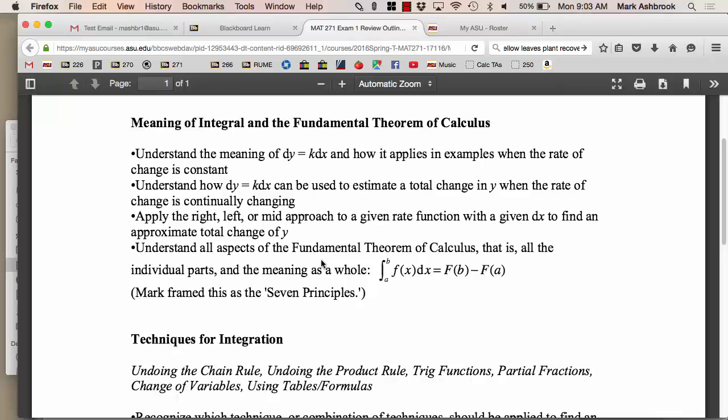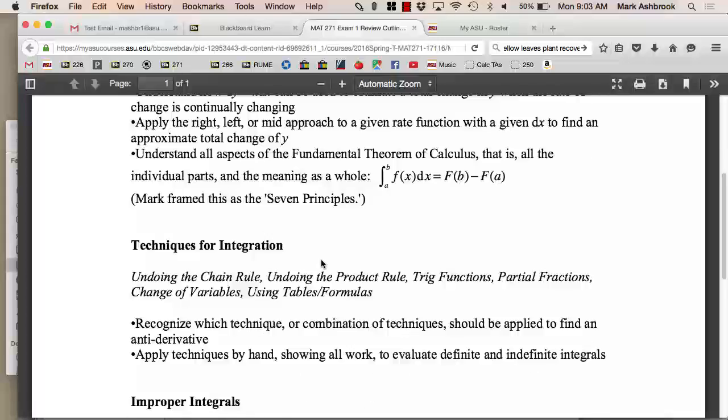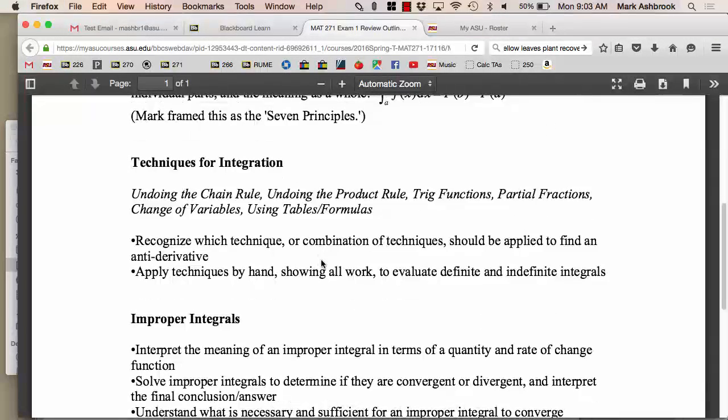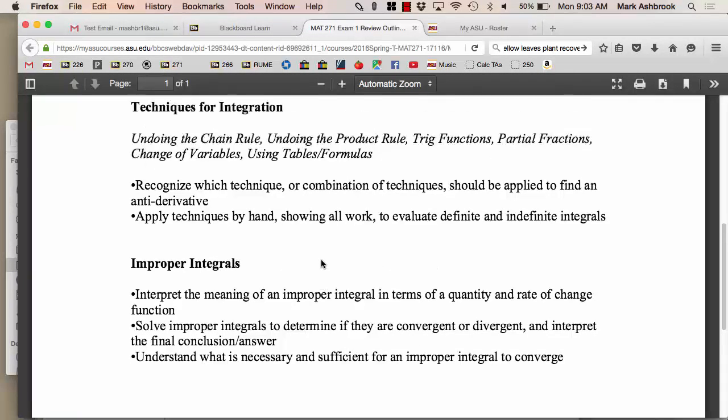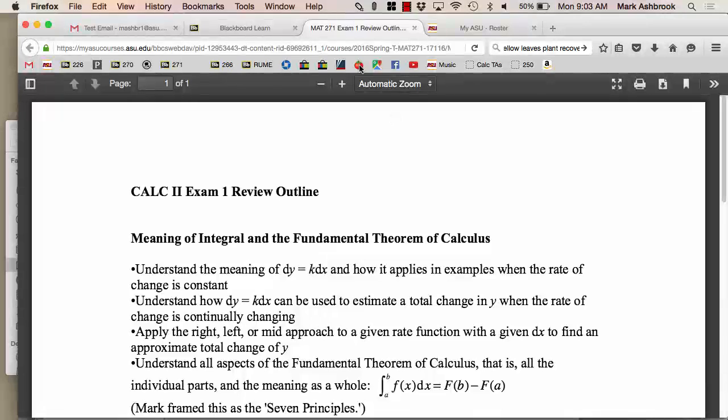It's all about the fundamental theorem of calculus, which is crucial, obviously. We have to know it inside and out. You will be tested on that, okay? Techniques for integration, that's what we've been doing since then. And then we'll do improper integrals today and Wednesday. Okay, so that's the review outline.